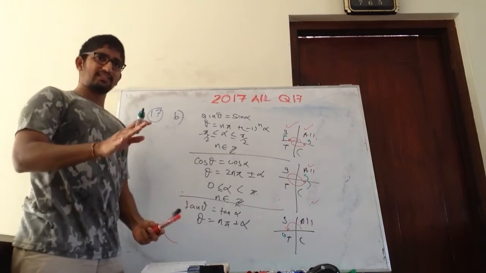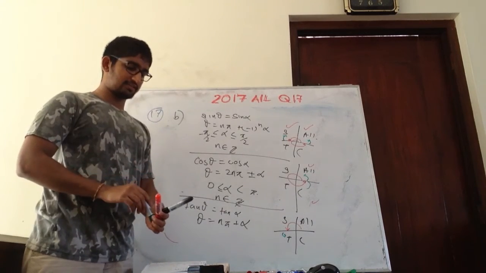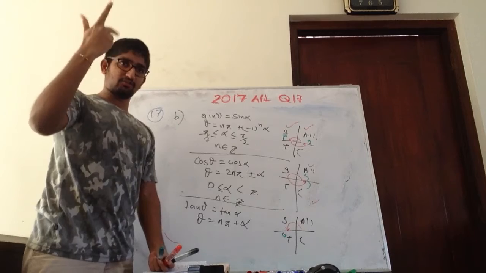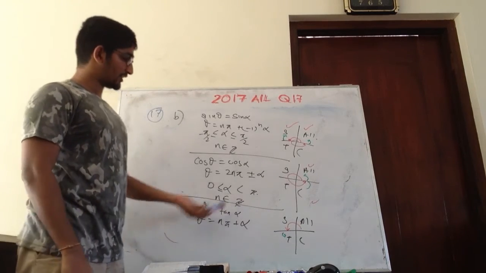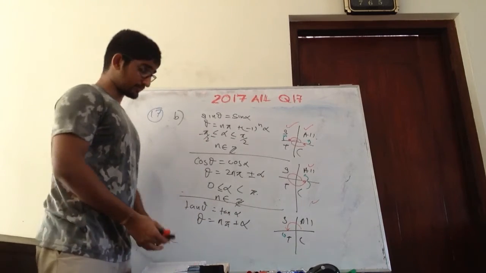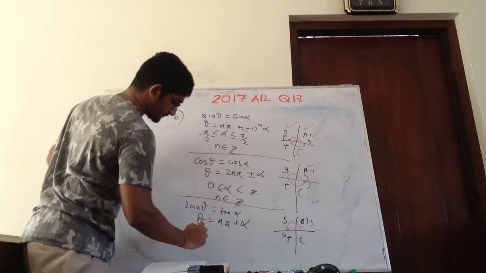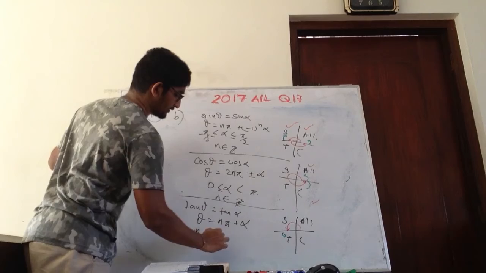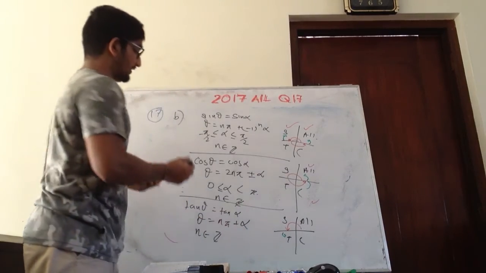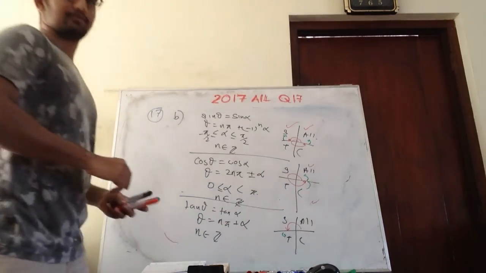These are no hard and fast rules. These are just ways for all to remember this general solution. And yet again, n should be an integer.